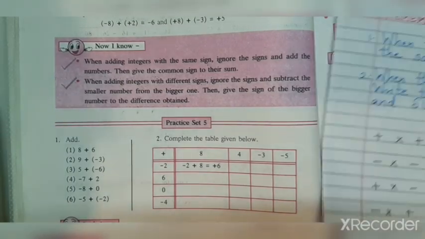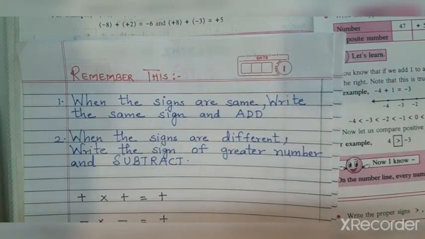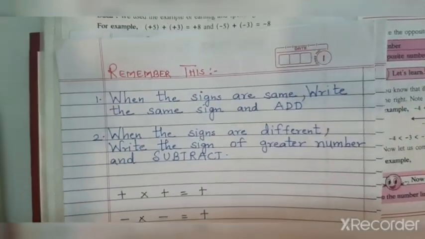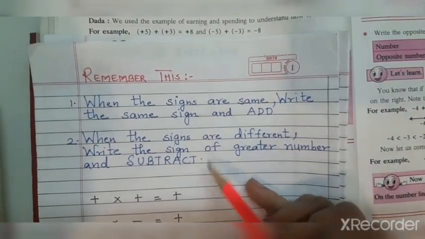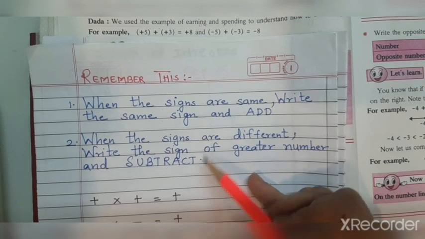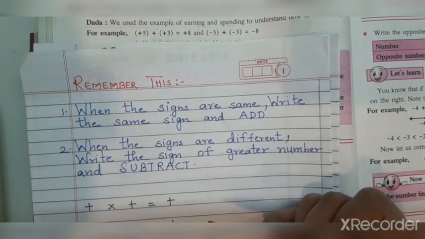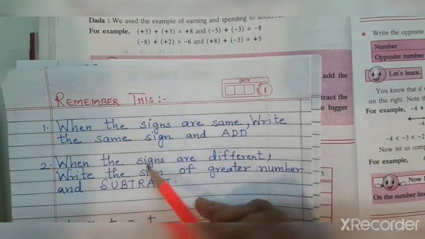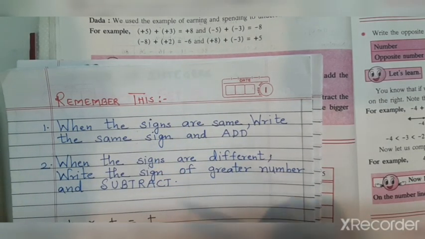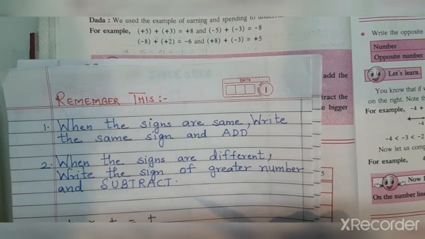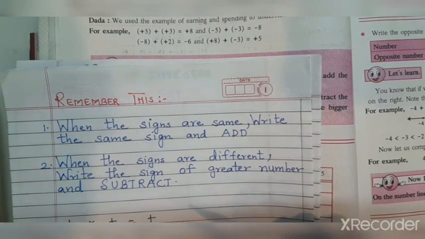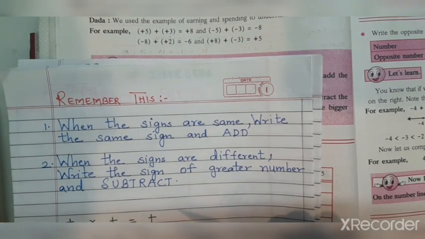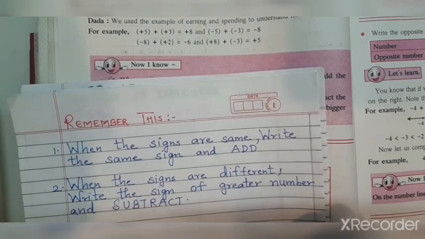In simple words, I have written for you all, which will apply for both addition and subtraction of integers. Even if you study only these two statements, you can add the integers as well as subtract the integers. Now what is it?